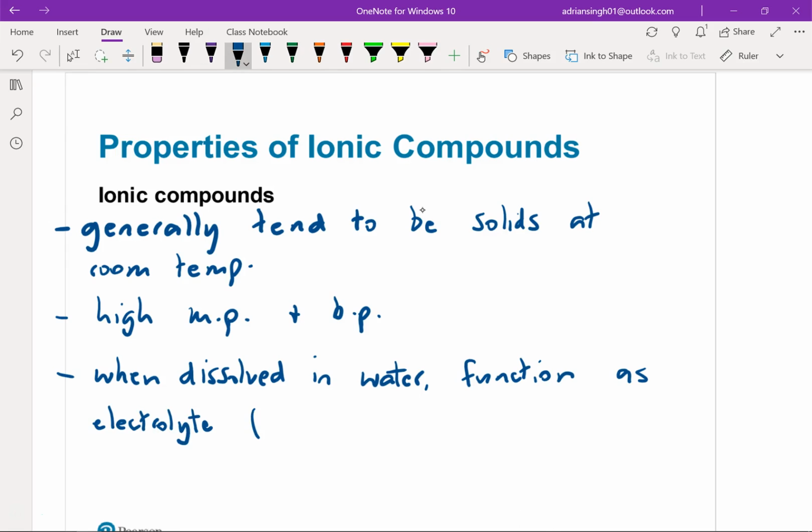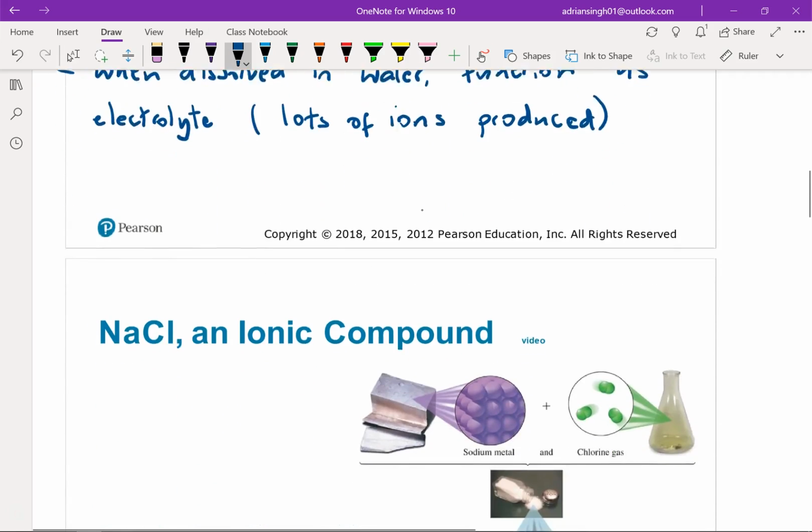And that means by extension that they produce lots of ions. Right? So they actually break apart into their component ions when dissolved in water. And we're going to come back to this in the solutions chapter down the road. Alright, so those are some of the general characteristics of ionic compounds.